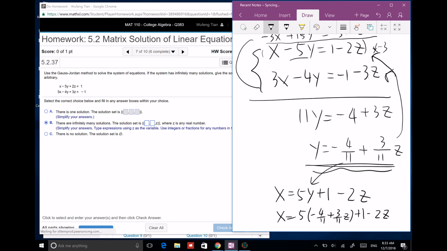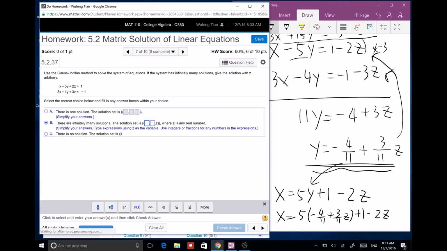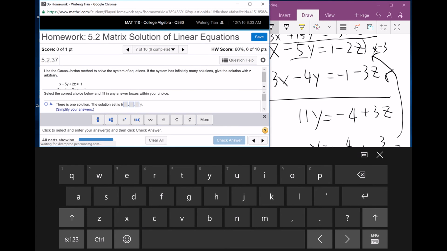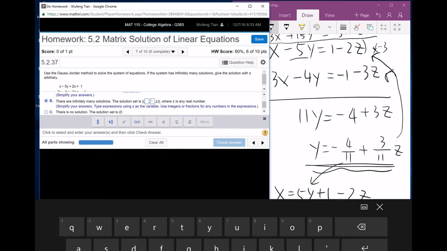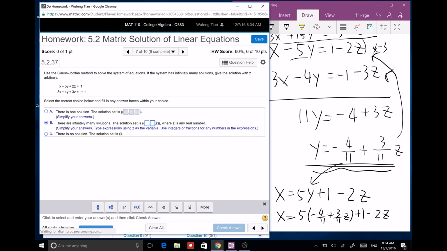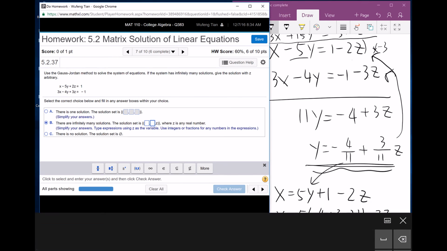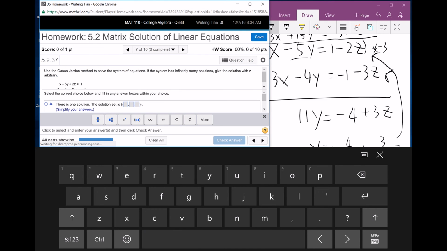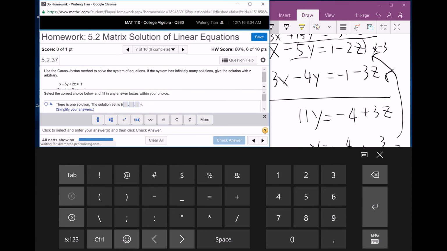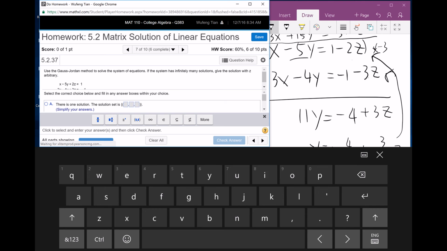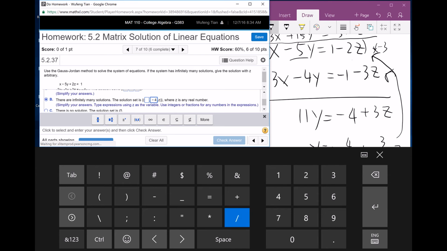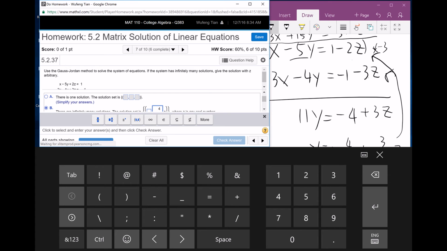Okay, that you can figure out by yourself. It's not very hard. You just check it. Negative 4 over 11 plus 3 over 11z.